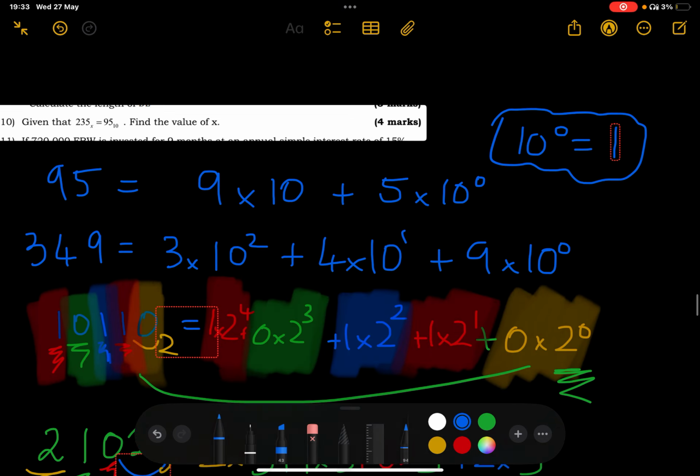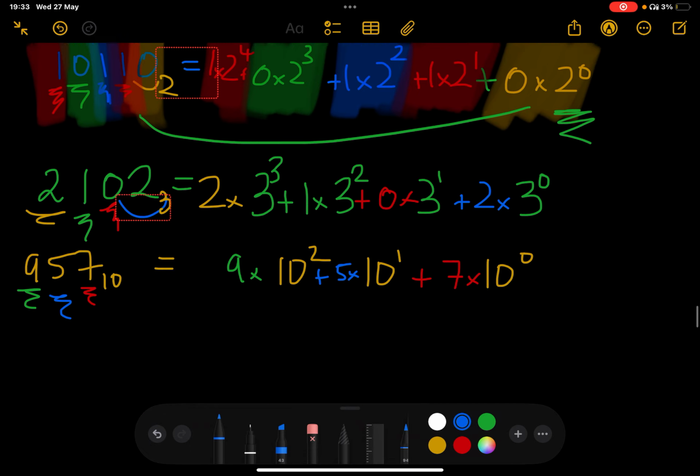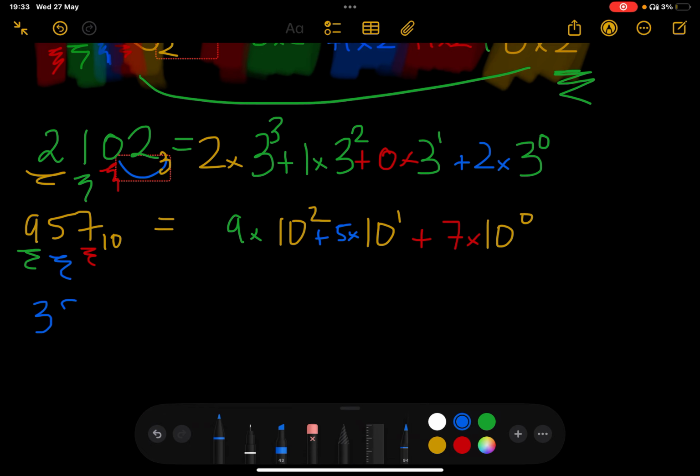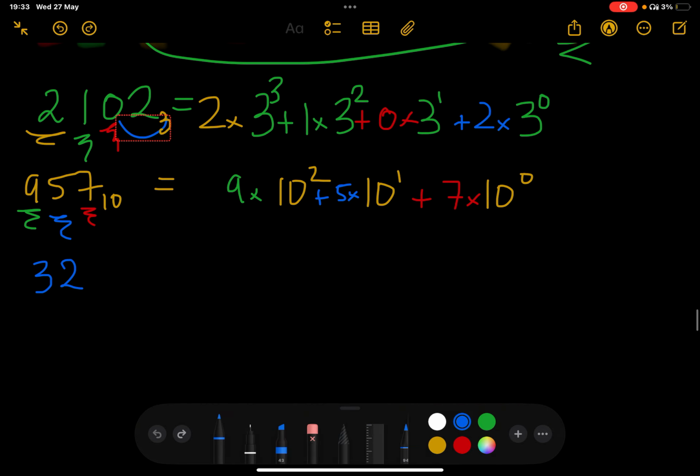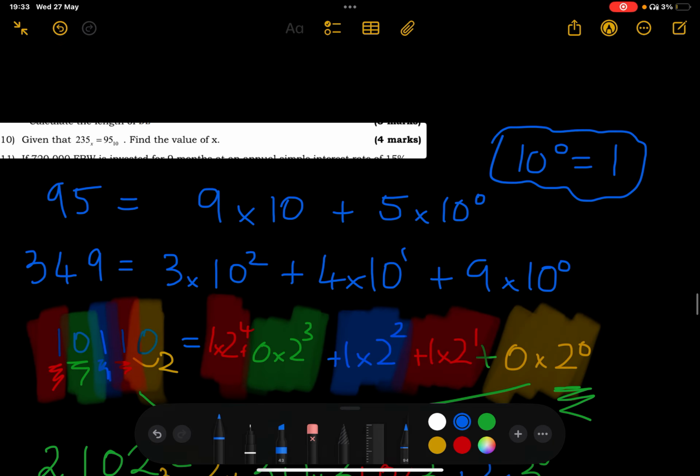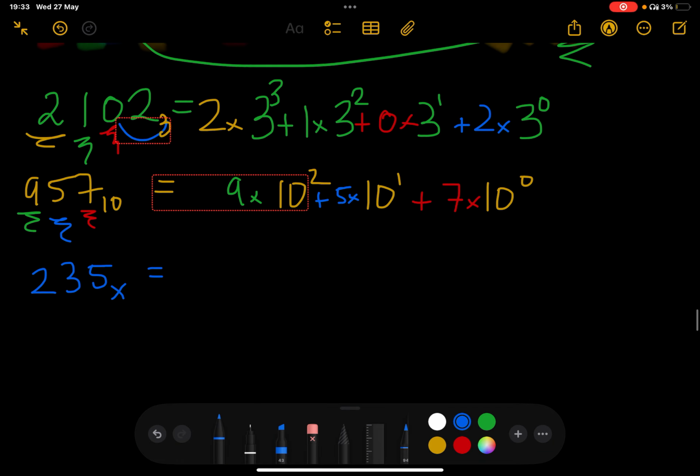The question says that 325 in base x, wait, is it correct? 235, sorry. 235 in base x is equal to 95 in base 10. So that's just a normal 95.